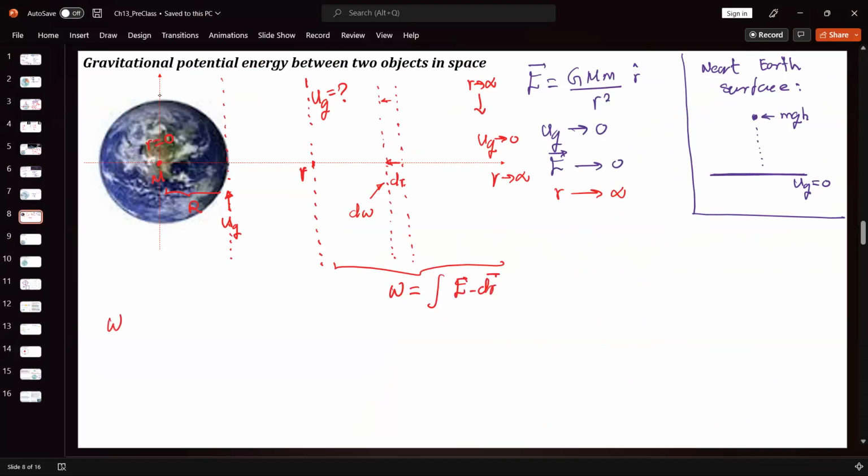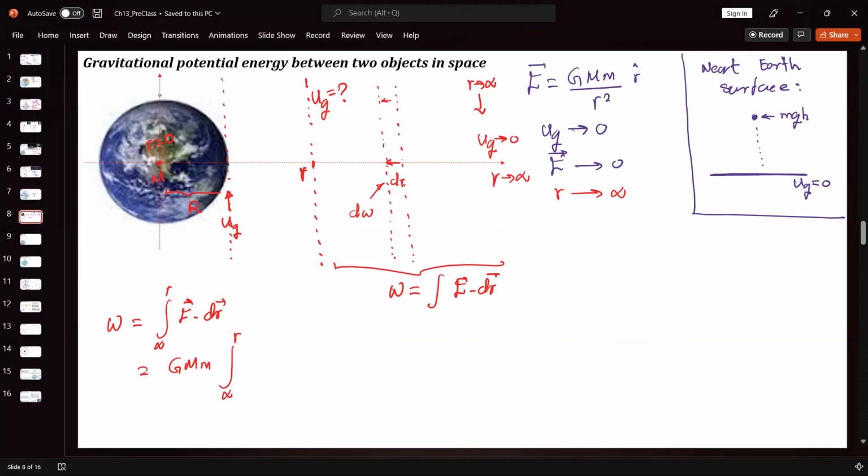Let's do that. The work done is equal to the integral, starting from infinity, of F dot dr. Now this force we know is GMm over r squared, right? GMm can come out of the integral from infinity to r.